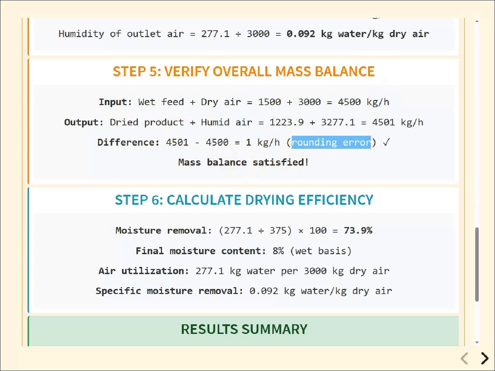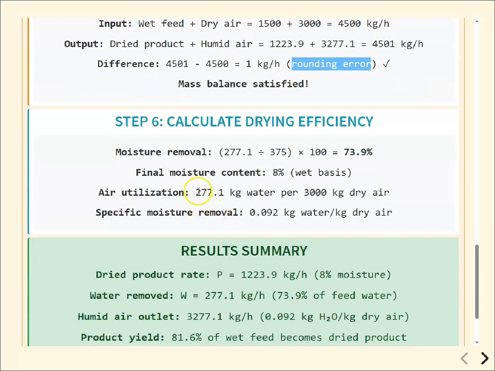Now step 6, calculate the drying efficiency and performance metrics. Moisture removal here is 277.1, the water actually removed, and originally we have 375. So moisture removal will be 277.1 divided by 375 into 100, that is 73.9%.